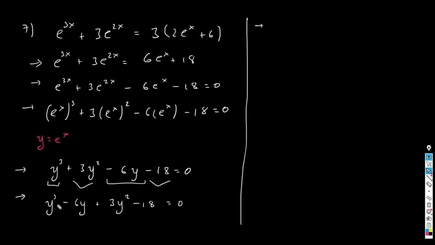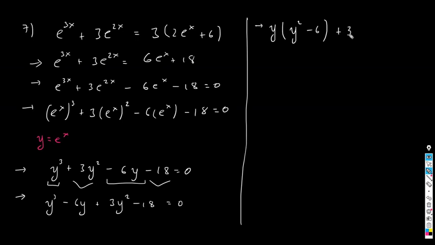Look, what is the common factor between these two terms? It's going to be the y, right? So you're going to get y that multiplies y squared minus 6. Can you see? And the common factor between these other two terms is the number 3.